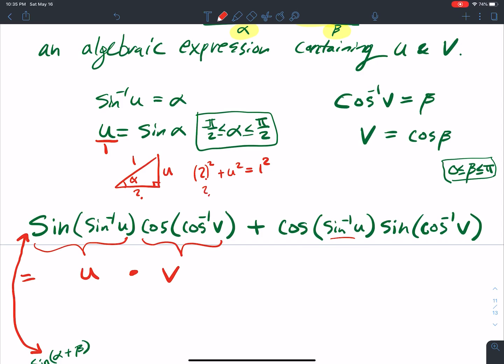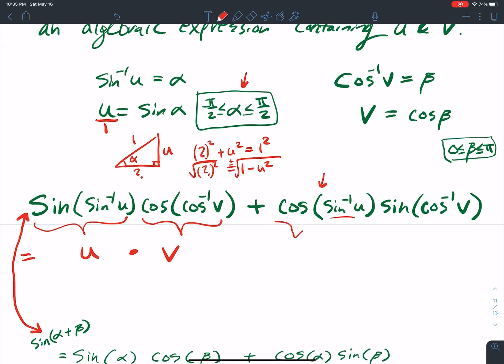So whatever it is squared, and then I subtract u squared from both sides, that's 1 minus u squared. But then I take the square root. When I'm restricted to negative pi over 2 to pi over 2, cosine is positive, so I take the positive one. So this becomes the positive square root of 1 minus u squared.